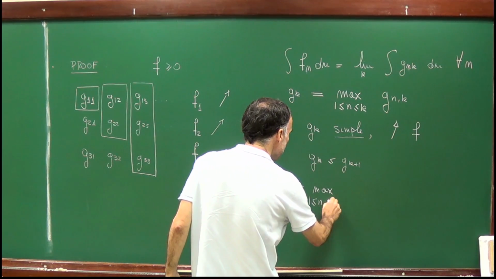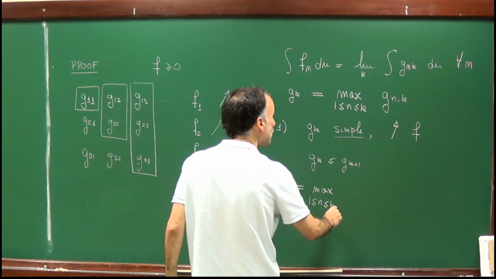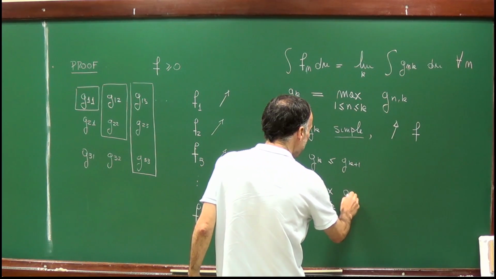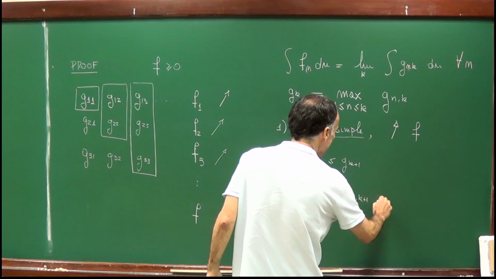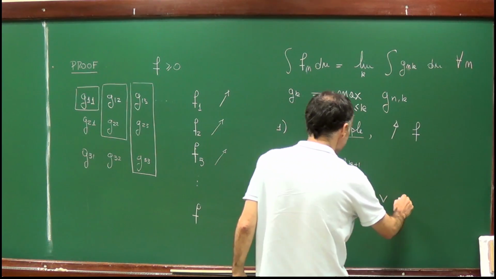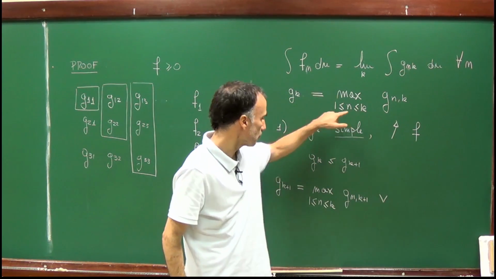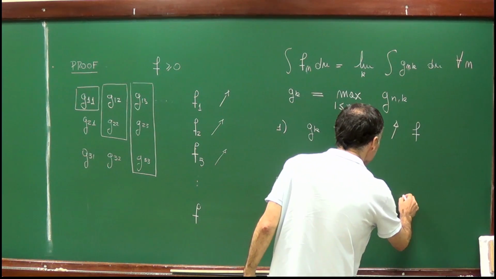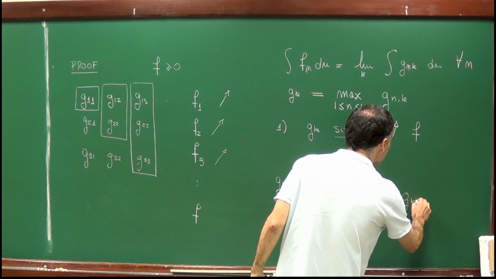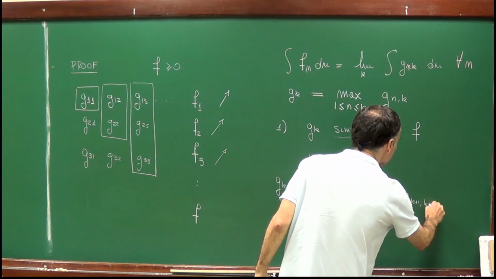I will write that in this way: it's the maximum from n from 1 to k of g_{n,k+1}, maximum with the last term. So we have here k+1 terms. I'm separating the first k and then adding the last one, which is g_{k+1,k+1}.